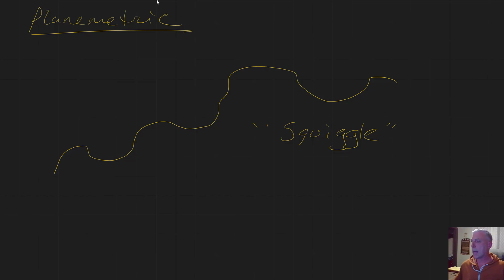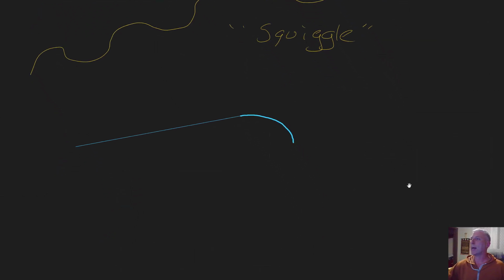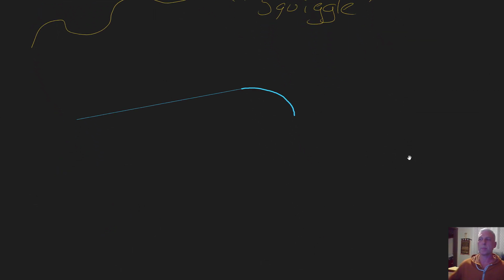So in reality, a route is made up of straight lines, so I'm going to draw a straight line, and curves, the most simple of which are circular curves. We're going to start out looking at circular curves, simple circular curves, horizontal curves, which you were introduced to in prerequisite courses.